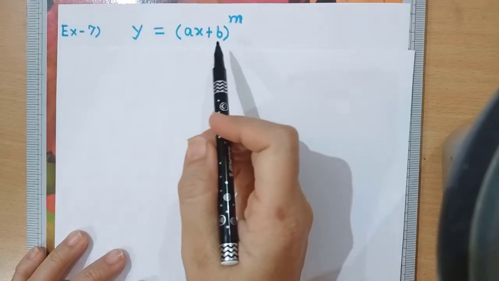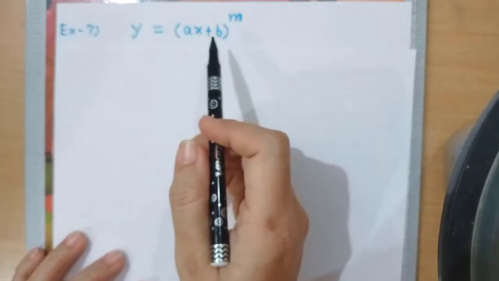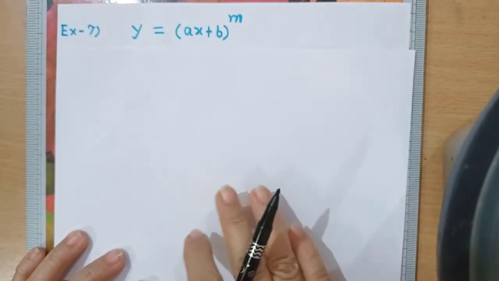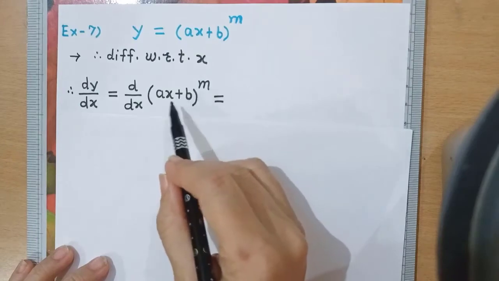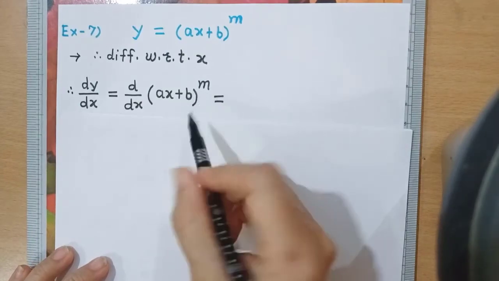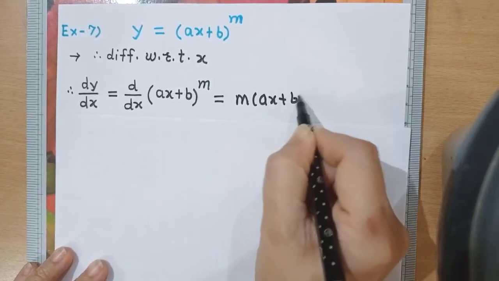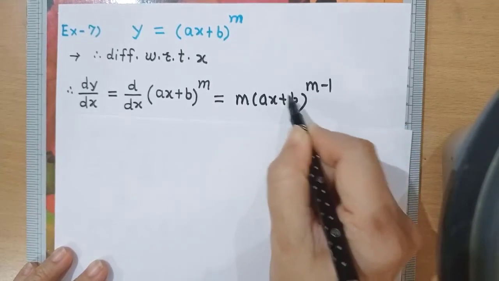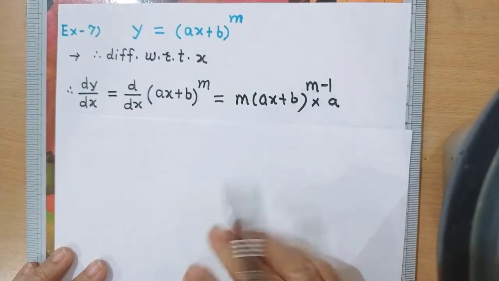Now let's solve this example for successive differentiation, and we will find the first, second and third order derivatives. So differentiating this with respect to x, we will use the formula for (ax plus b) raised to m: m into (ax plus b) raised to m minus 1, and again the derivative of this is a. Now again differentiate this.